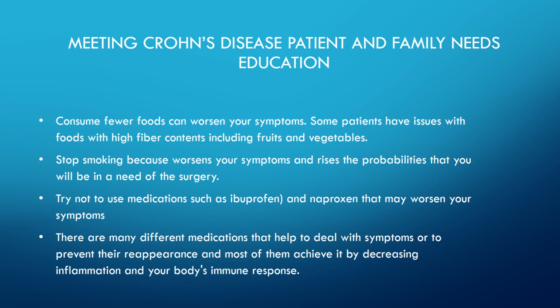It is important not to use medications such as Motrin and naproxen that may worsen the symptoms. And there are many different medications that help to deal with symptoms or to prevent their recurrence, and most of them achieve it by decreasing inflammation and the body's immune response.